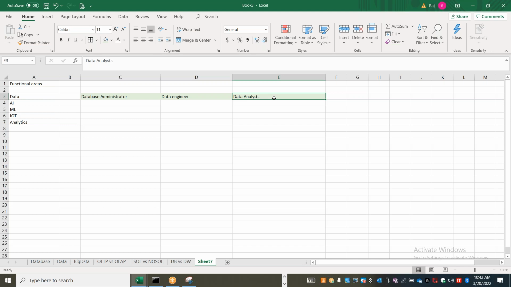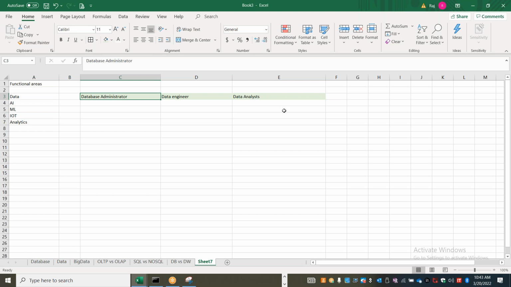They deal with Power BI, different tool sets, graphical dashboard tools, Excel, whatever. Different people deal with different tools. Database administrators will be dealing with Oracle databases, Microsoft SQL databases, PostgreSQL databases, or SAP or Teradata.